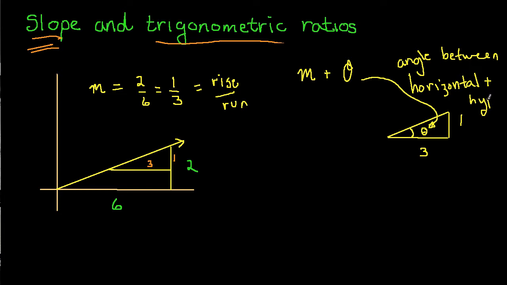So I'll just abbreviate that as hypotenuse. So it's this angle here that gives us the steepness. So slope and this angle, theta, both measure steepness. So we're looking for a relationship to move back and forth between them.